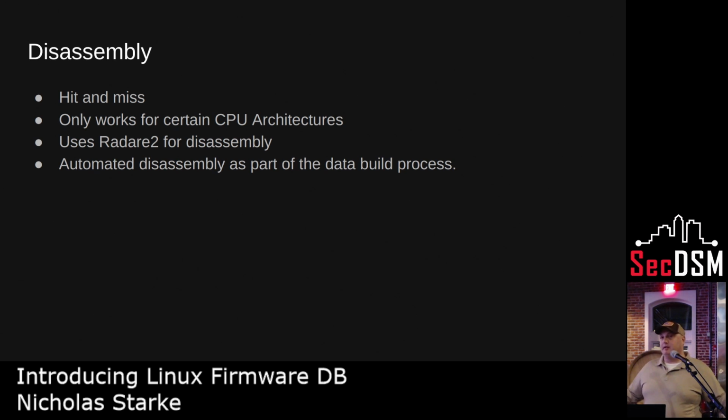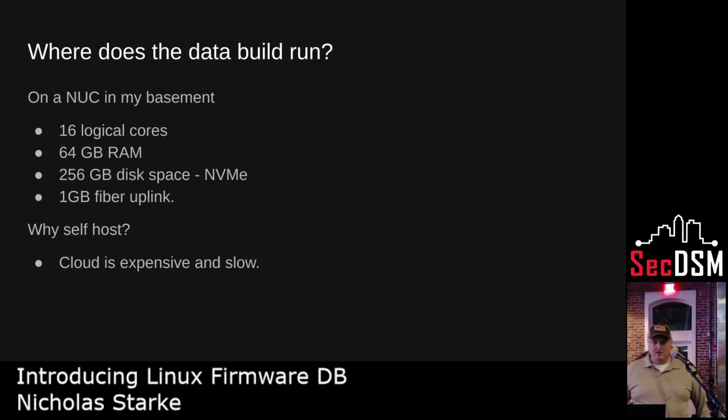The disassembly with R2 is automated as part of the build process for the project, and it does not take very long. So I just included it. It was like 12 lines of code to hook up R2 with the rest of my data. So it's really quite easy to implement.